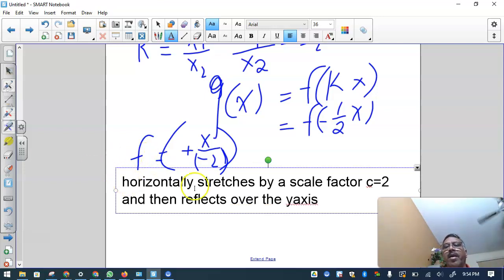So hope that takes care of it. Or you could just say horizontally stretches by a scale factor, where c equals minus 2 means it stretches and then reflects over the y-axis.